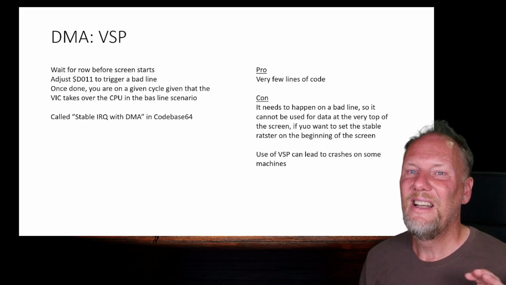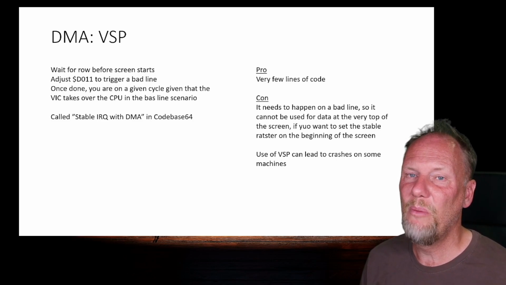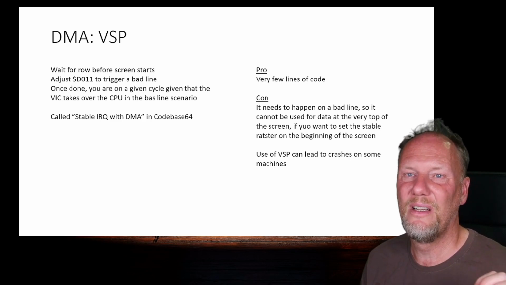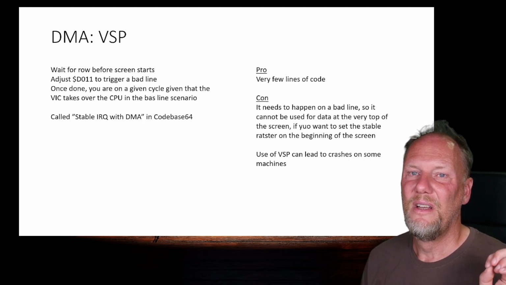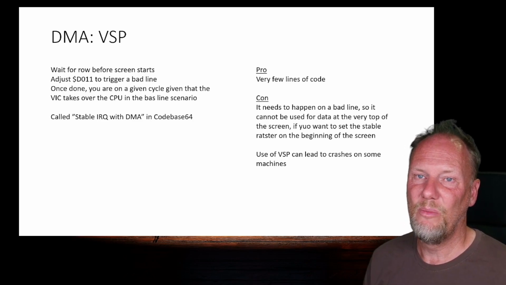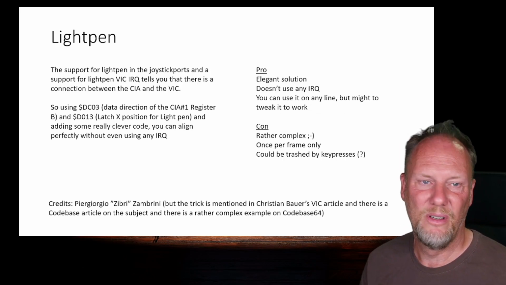So it's not advisable to use VSP. The probability of this happening if you're just synchronizing your raster once using a VSP is of course very small, but it can still happen. So be aware that you should use this with caution.